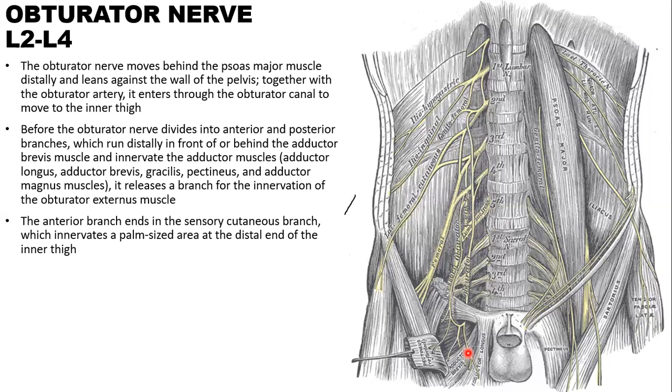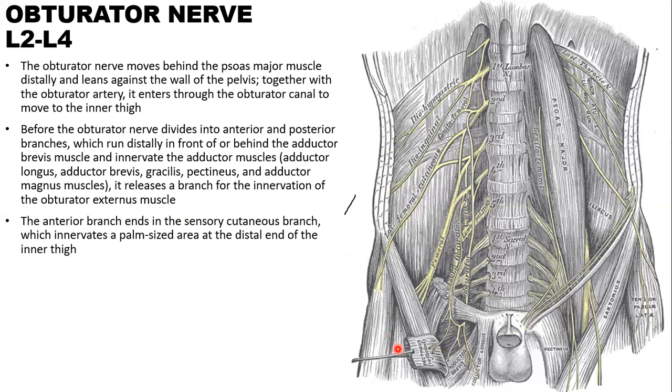This nerve also innervates the obturator externus muscle, which is also found in the medial compartment of the thigh. Then the anterior branch ends in the sensory cutaneous branch, which innervates the palm-sized area at the distal end of the inner thigh.